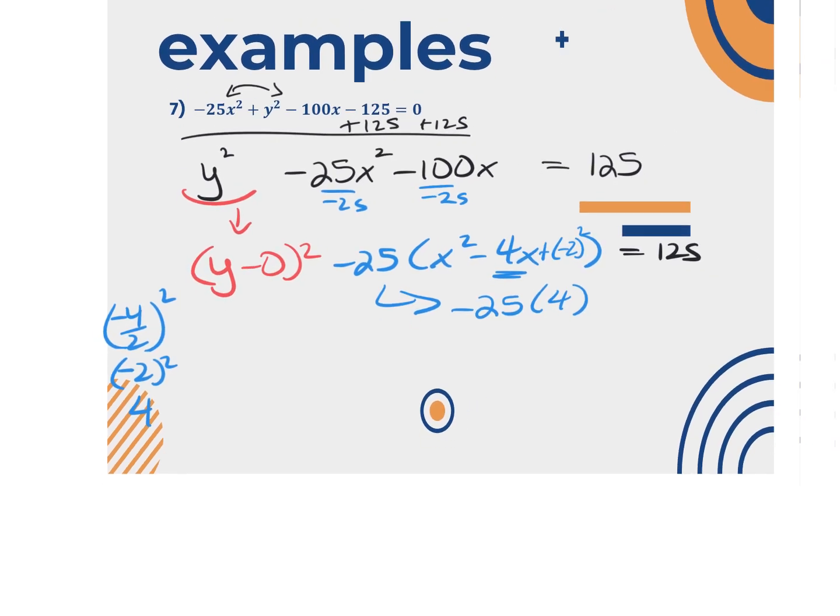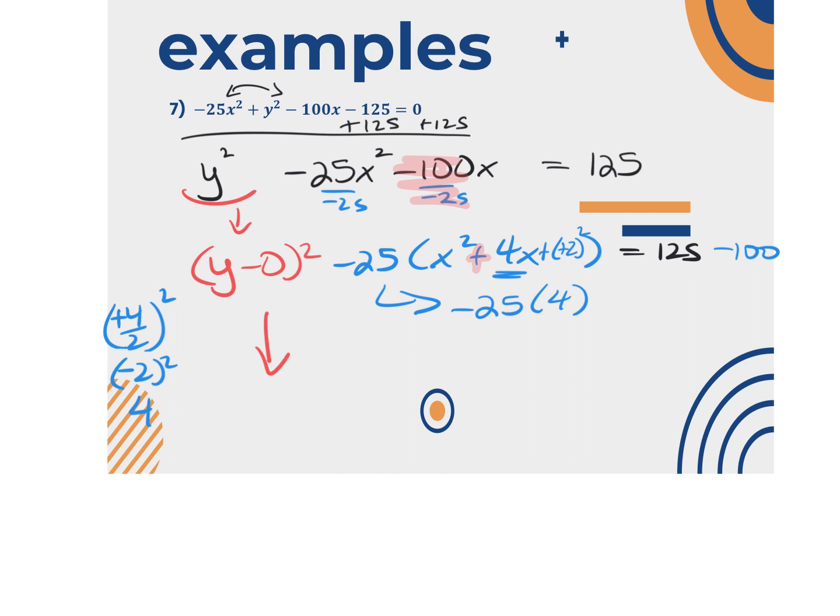So then this becomes negative 100. Yeah, this is positive 4, because negative divided by a negative is a positive. So then this is actually plus 2 squared. So it's a positive 2. So then now when I multiply negative 25 times 4, it's negative 100.